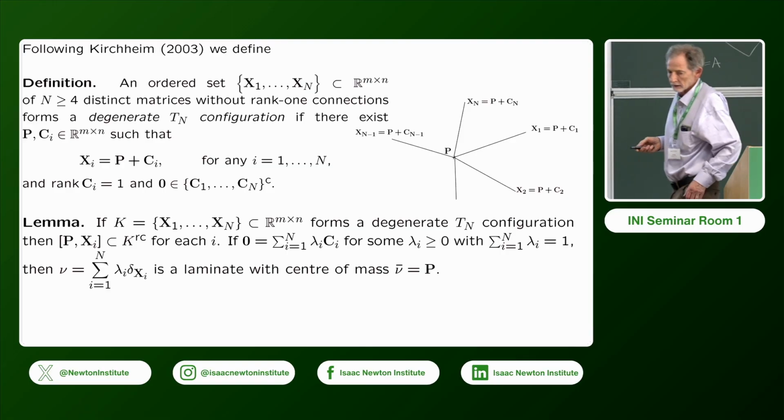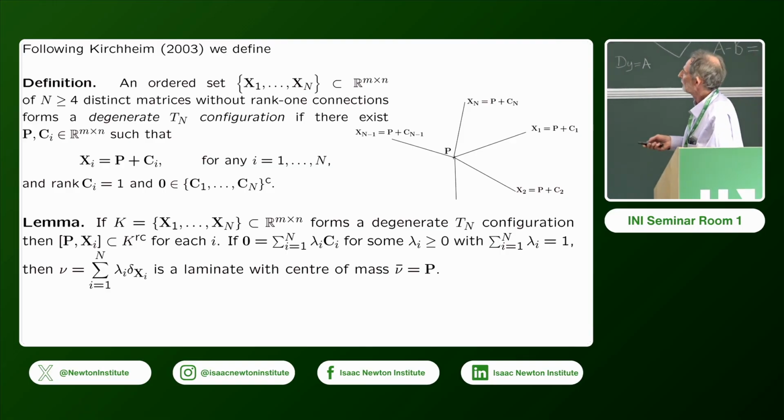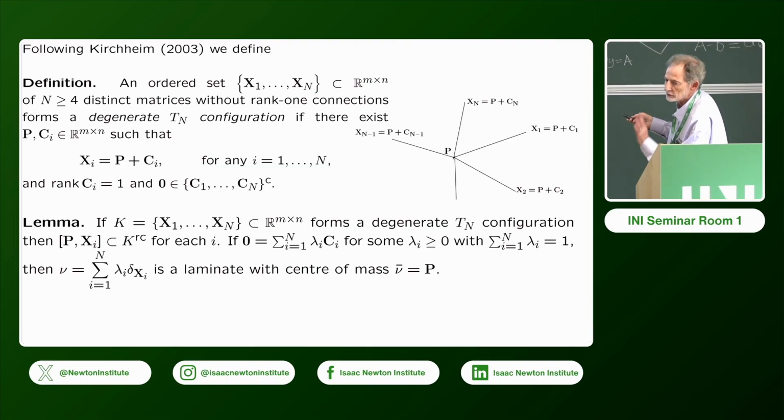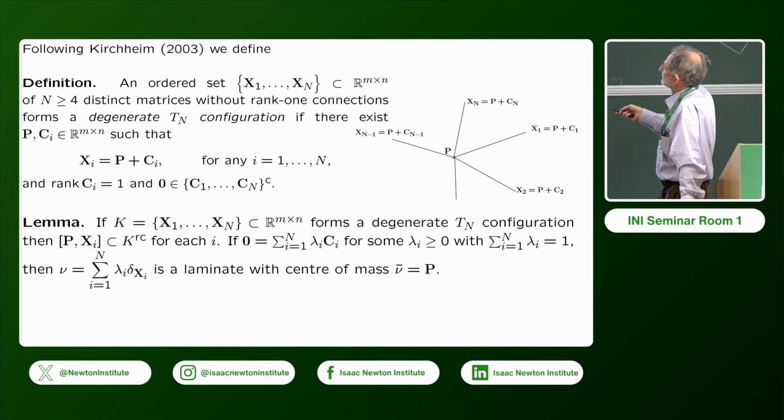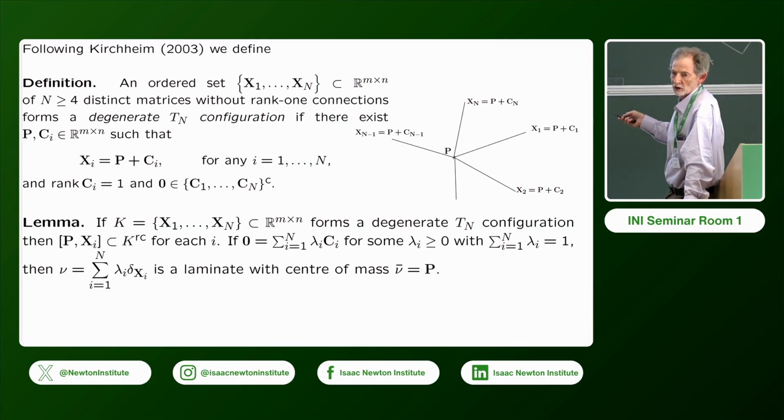And you can prove a similar result to the one I mentioned before, so that if they form a degenerate T_n configuration, then in fact all these line segments are in the rank 1 convex hull, and if 0 is the sum of lambda_i C_i, it must be for some lambda_i because it's in the convex hull, but any such convex combination, then nu, which is the sum of lambda_i Dirac mass at X_i, is a laminate with center of mass nu bar.